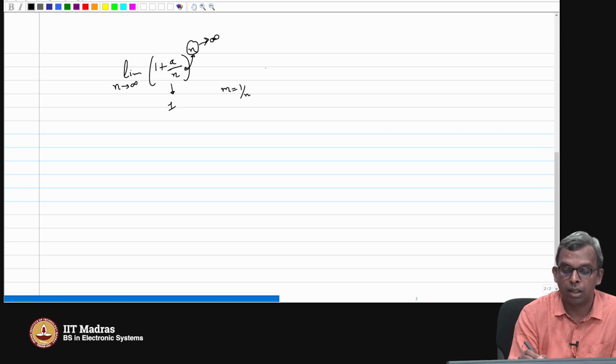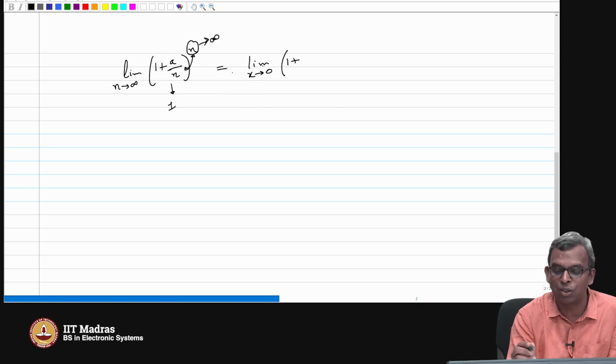And then you get that this limit is the same as the limit as m tending to 0 of 1 plus, maybe I should do it this way, x equals 1 by n. And then the limit as x tending to 0. So you see that these two limits will be the same.